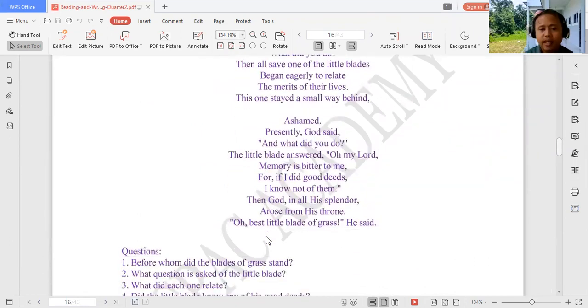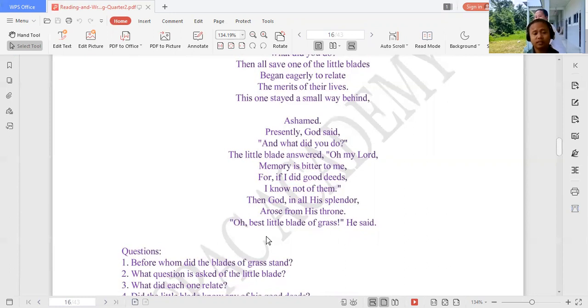Presently God said, "And what did you do?" The little blade answered, "Oh my Lord, memory is bitter to me, for if I did good deeds, I know none of them." Then God, in all his splendor, arose from his throne. "Oh, best little blade of grass," he said.